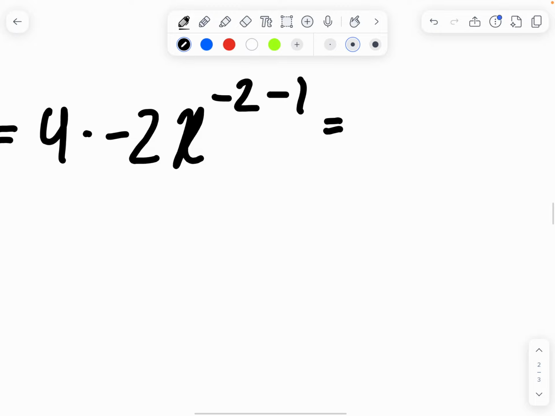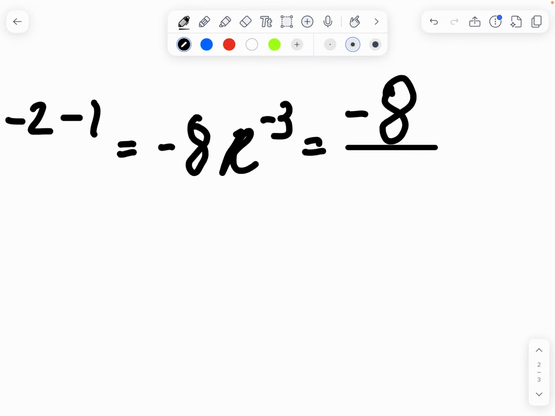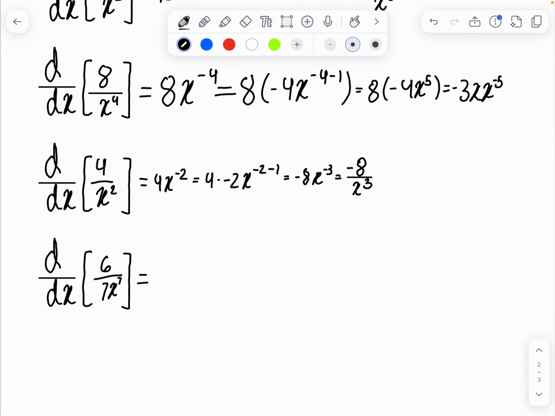And all in all, we should get negative 8x to the power of negative 3. This equals negative 8 over x cubed. Hopefully you got that question correct.